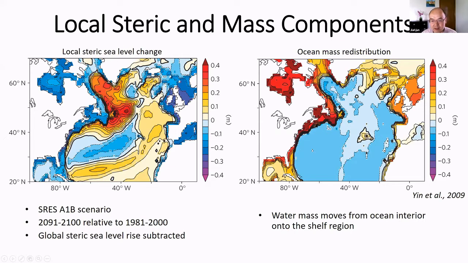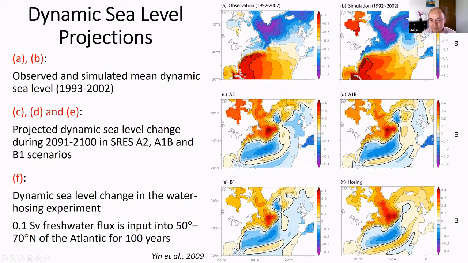You can see the increase of mass loading on the shelf region, especially on the northeast U.S. continental shelf. If you add these two components together, basically you can get the dynamic sea level change pattern.